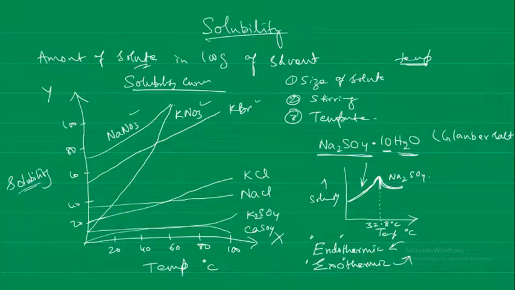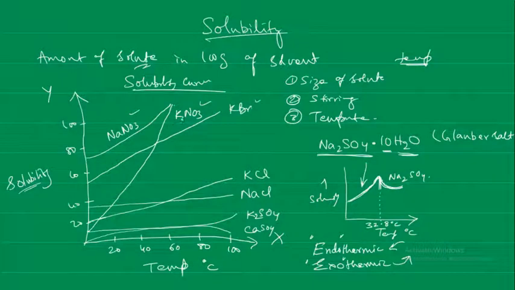Okay, so in endothermic process, the solubility of the solute will increase with the increase in temperature. Okay, for example, it is the potassium nitrate, sodium nitrate. When we increase the temperature, okay, then what is happening? Solubility increases, isn't it? Here the solubility is increasing with the increase in temperature.